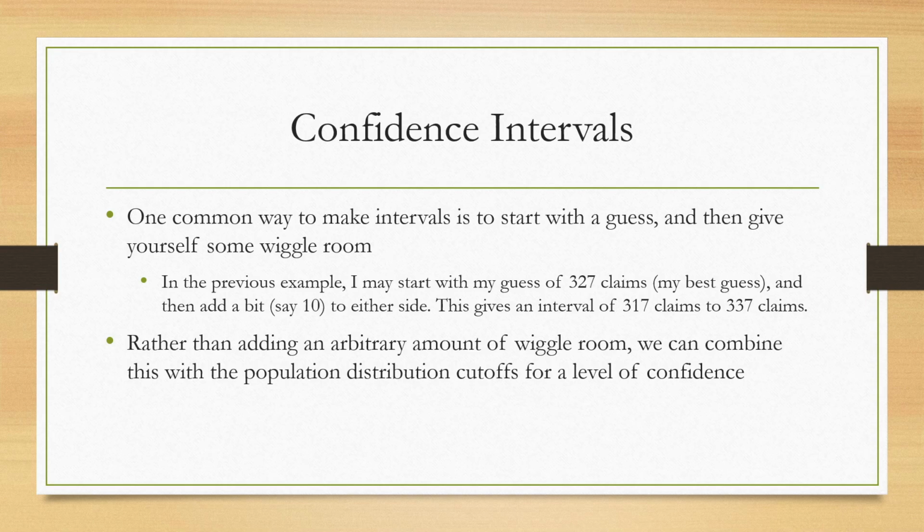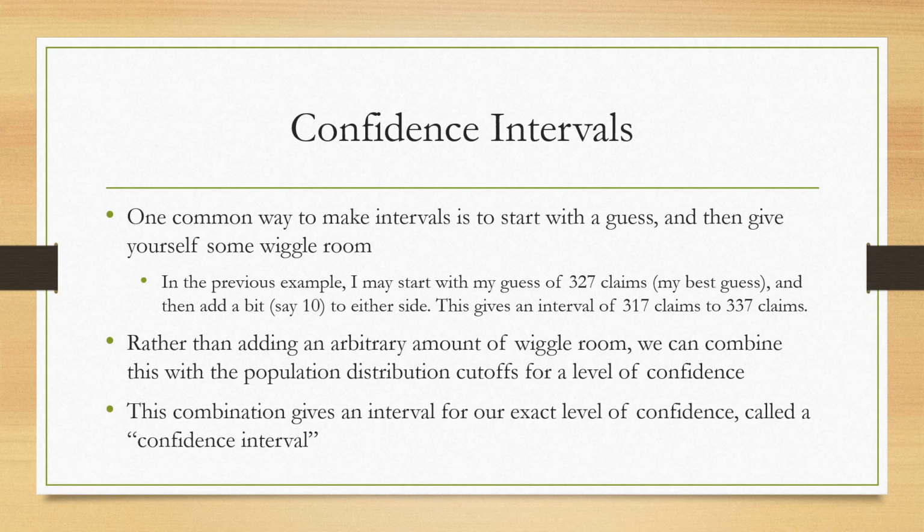So I'm going to use that same population distribution stuff from the central limit theorem that we've been talking about. But now I'm going to take those cutoffs and use those to help me get the wiggle room. This combination gives an interval for my level of confidence. Remember, the cutoffs depend on what my level of confidence is. So I get an interval for the exact level of confidence that I want. And this is called a confidence interval.